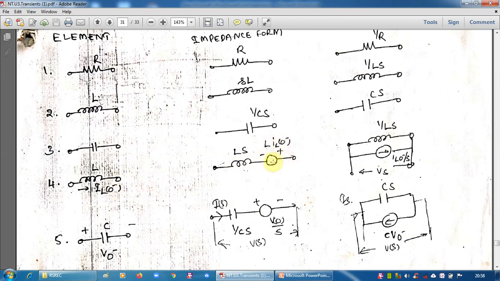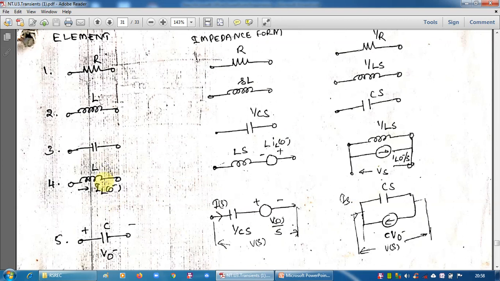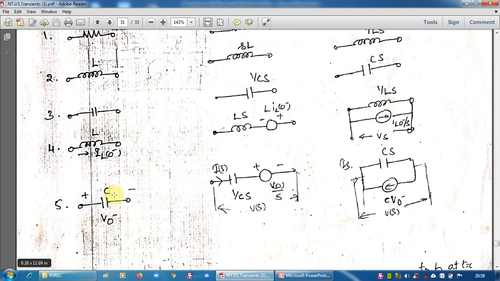L into that initial value, like that. And this is the representation, same L for parallel circuit. C also. If C has some initial voltage V of 0, here C has no initial voltage. But if C has some initial voltage, it is to be represented like this.